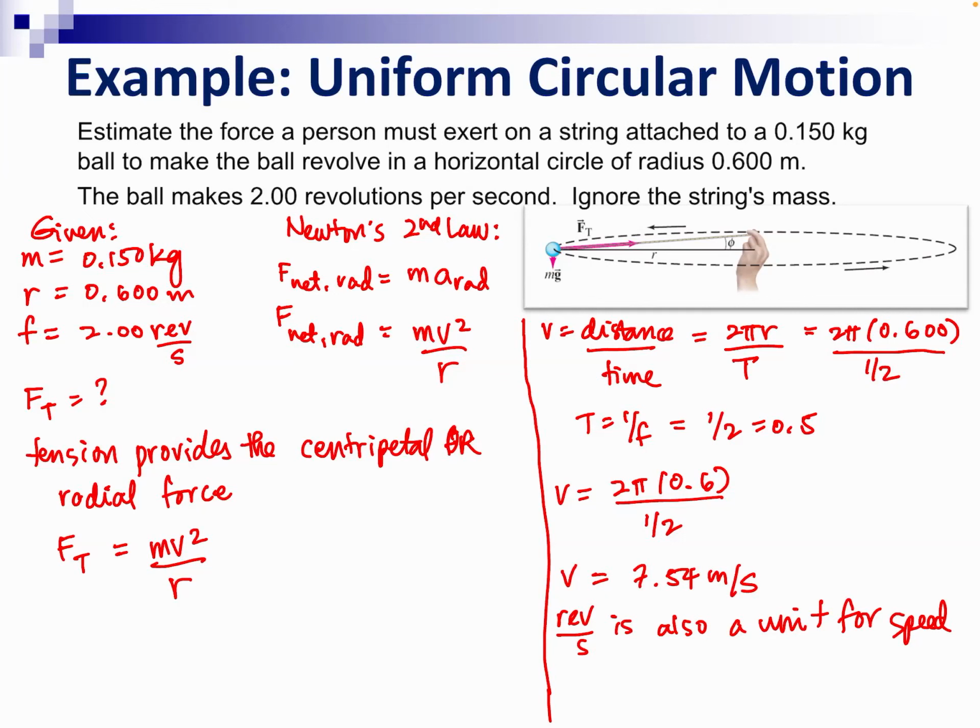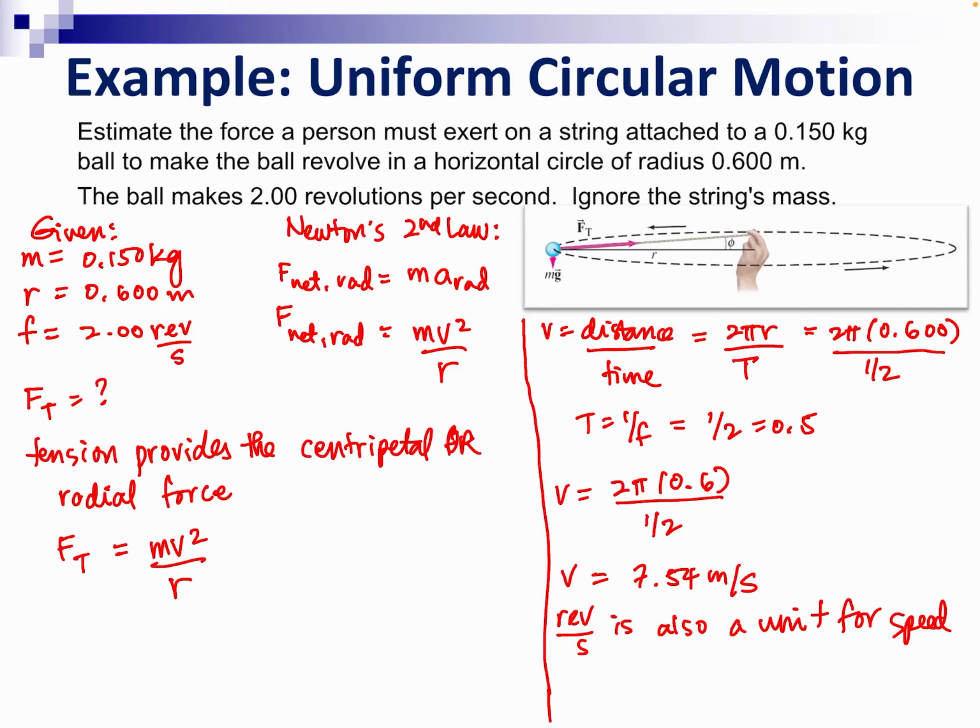So this is the long way of working out the linear speed, but realizing that revolutions per second is also just a unit for speed, next time you encounter revolutions per second, it will just be a unit conversion.